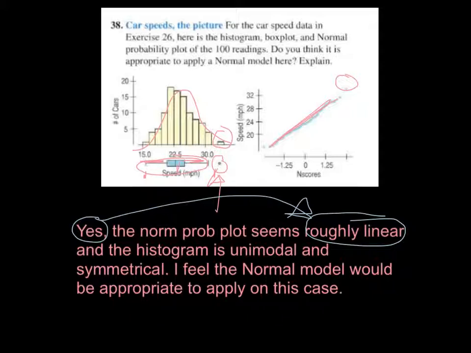But in this instance, yes, the normal probability plot is roughly linear, and I'm also linking the histogram to the fact that it looks unimodal and roughly symmetrical, if you wanted to put that in there too. It's not perfect. Now I just want to reiterate that I feel the normal model would be appropriate to apply in this case.